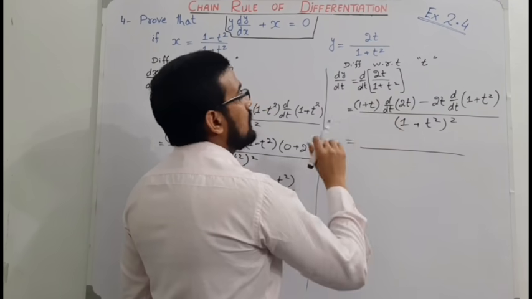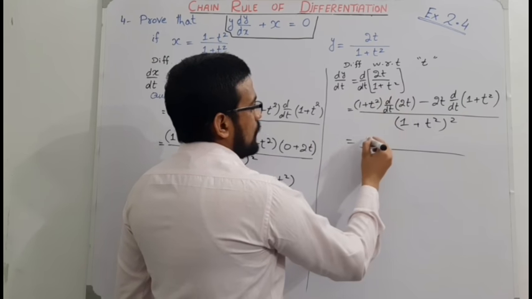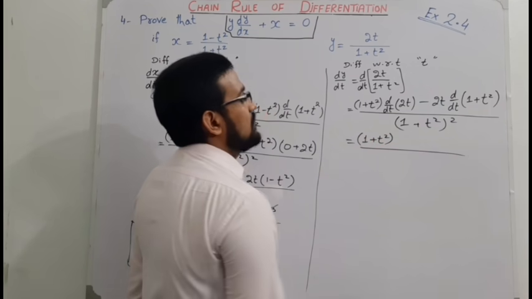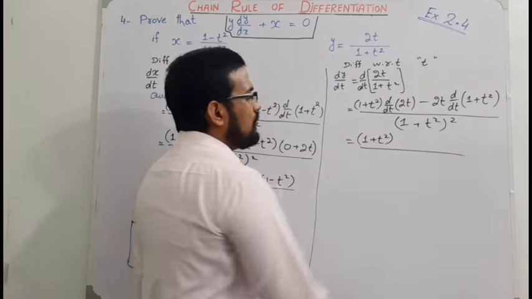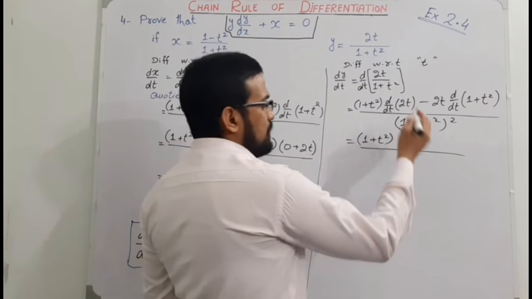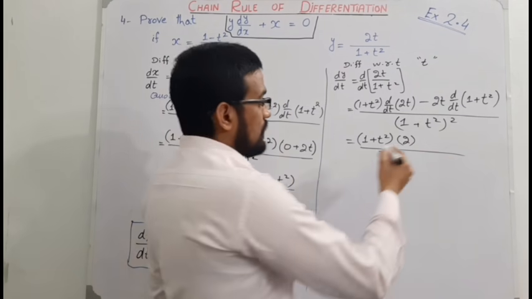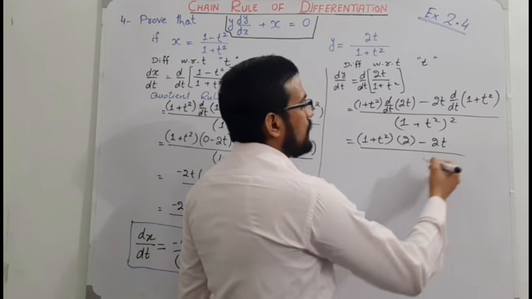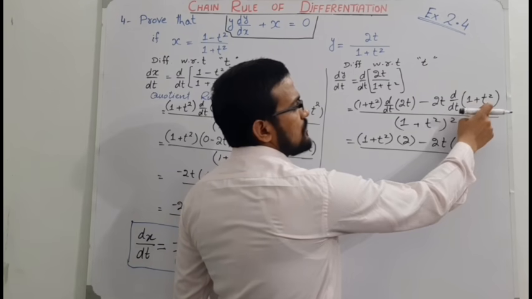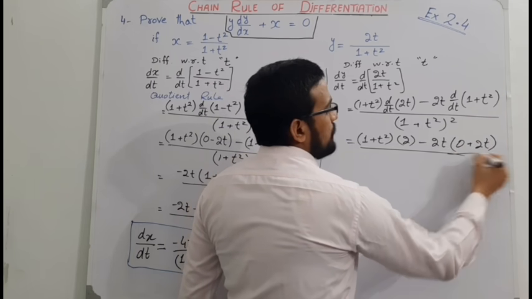Sorry, square. 1 plus t square as it is, derivative of 2t. What is the derivative of 2t? 2 is a scalar and t is simple. It means derivative of 2t is 2, minus 2t as it is, and the derivative of 1 is 0 plus t square, derivative of t square is 2t.